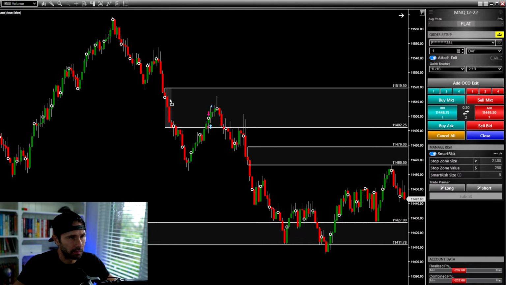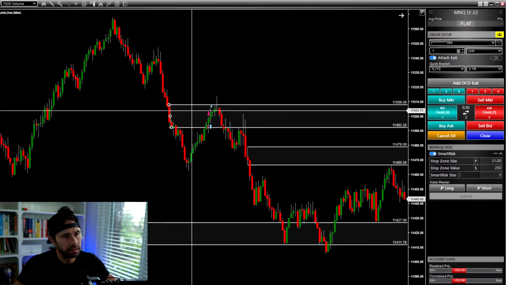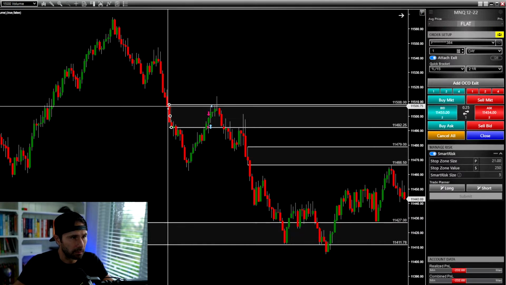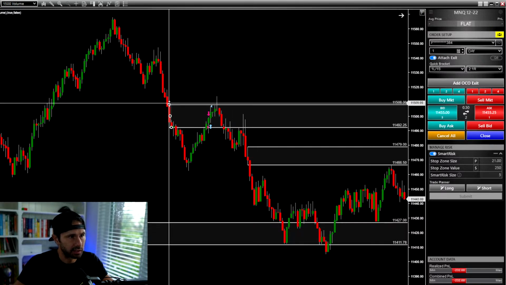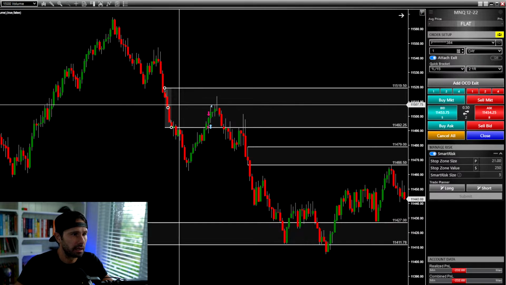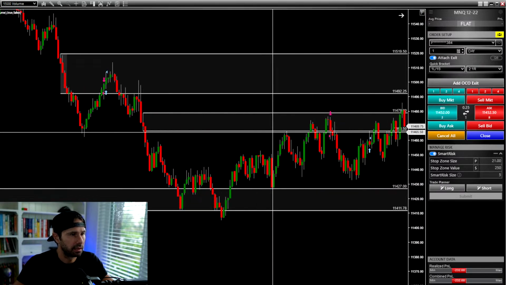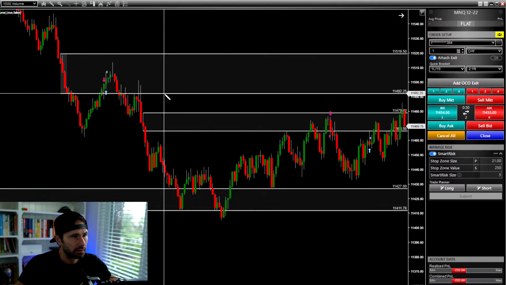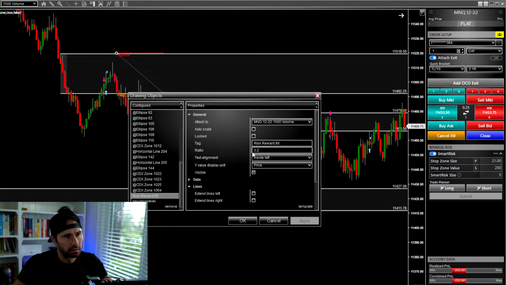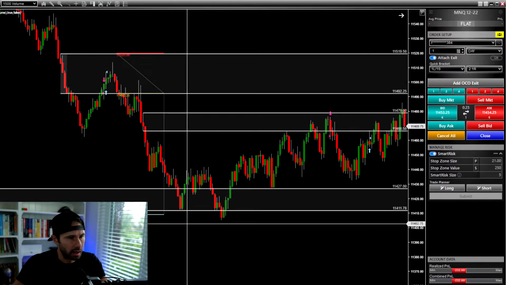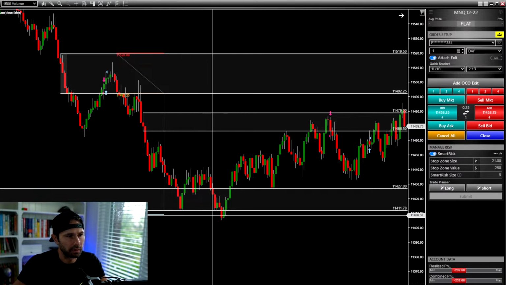I put my stop right there, and obviously that was not the correct invalidation point. It was a mistake that I made, and I ended up losing this trade, but it worked perfect. If I would have taken this 3-1, it would have been here, so we would have gotten the 3-1.